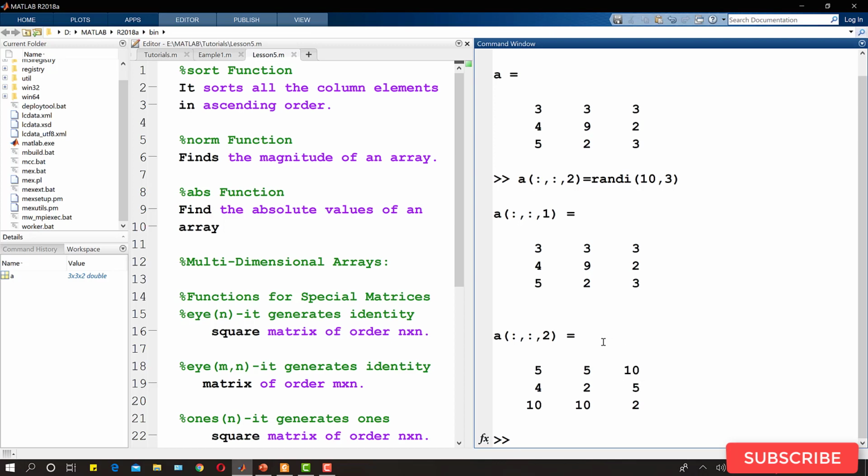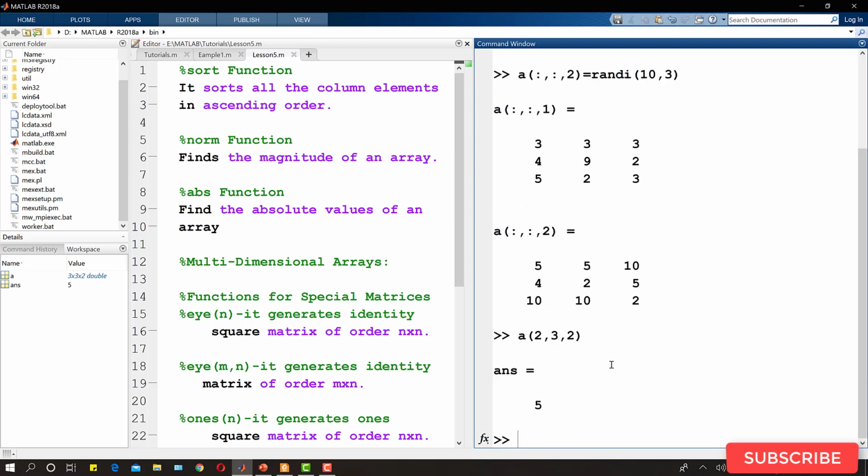I will write the second row and third column on the second page. So if I write A, second row, third column, and second page, it says that at this address, an element 5 is there.